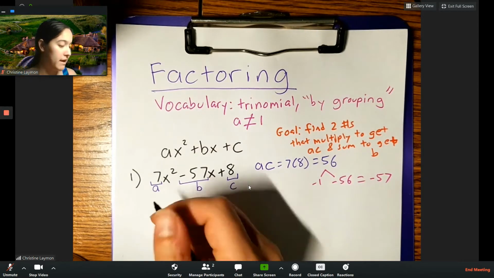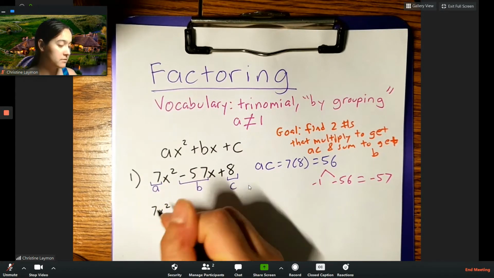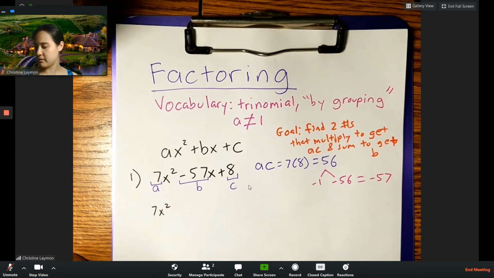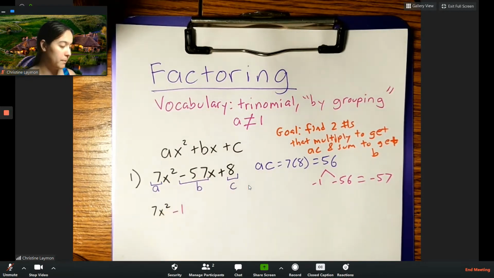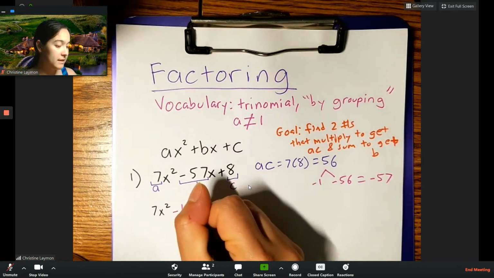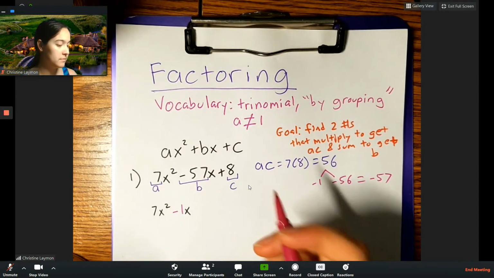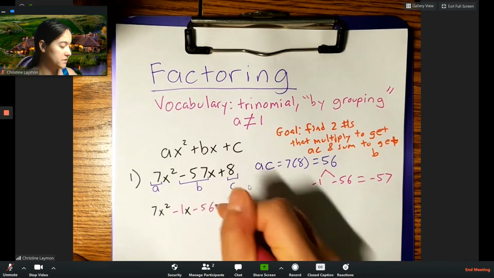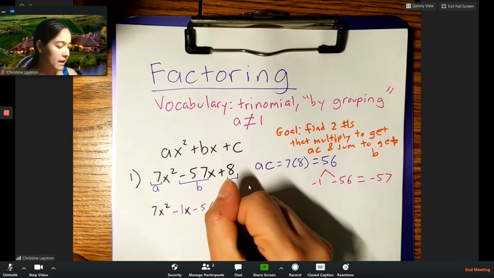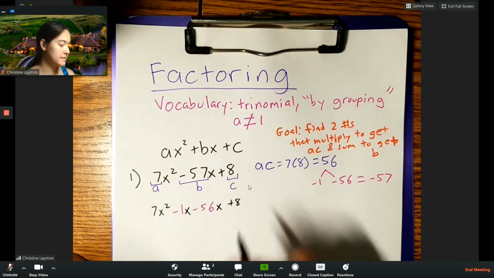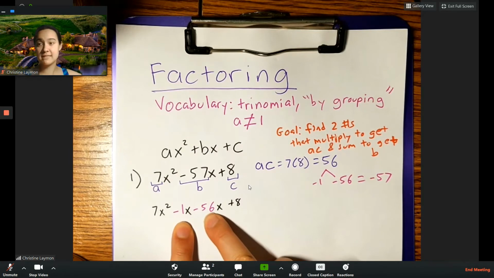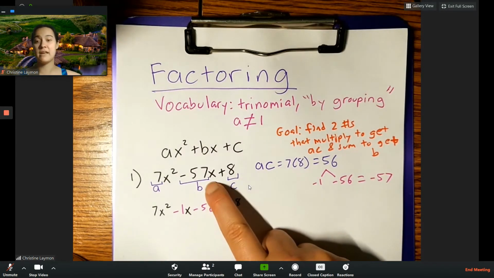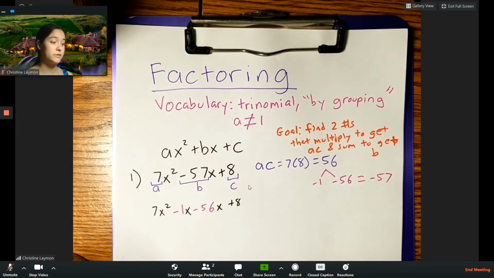Here's what I'm going to have: 7x squared, minus 1x, minus 56x, plus 8. In that way, you can see that negative 1x minus 56x is still negative 57x. I'm just finding a way to regroup it.